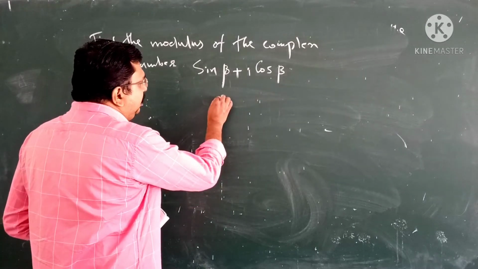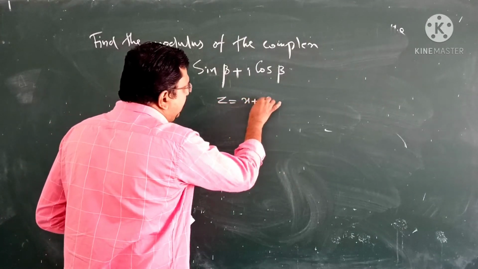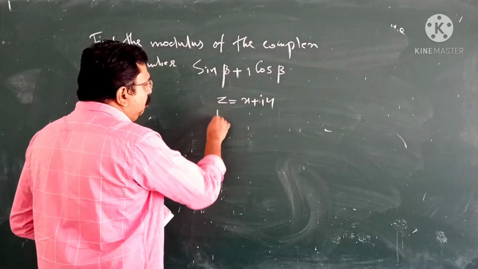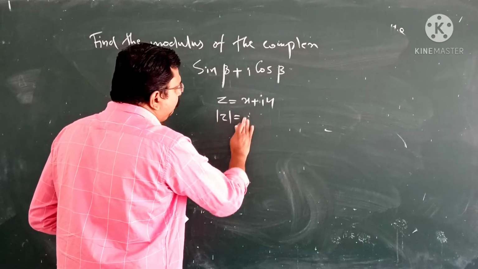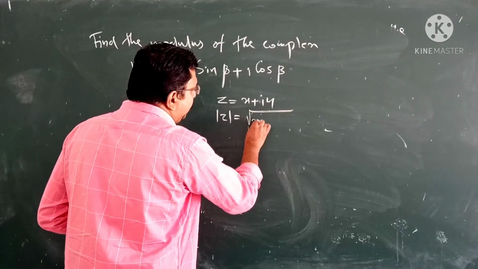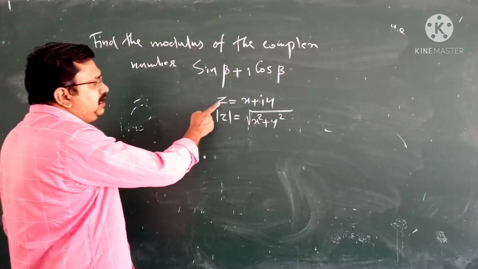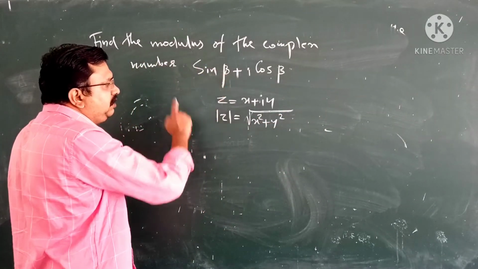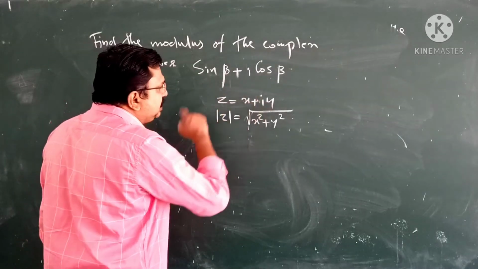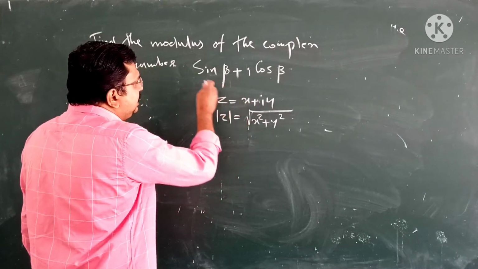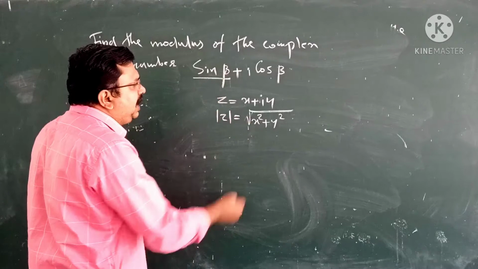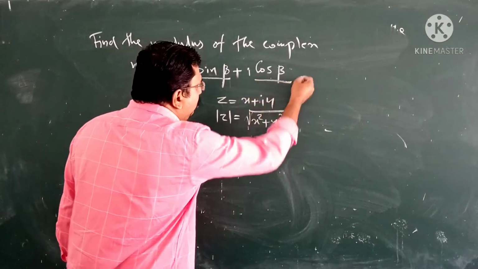We know that if z equal to x plus iy, then modulus of z equal to root x square plus y square. Comparing this equation with z equal to x plus iy, here what is x? x is sin beta. What is y? y is cos beta.